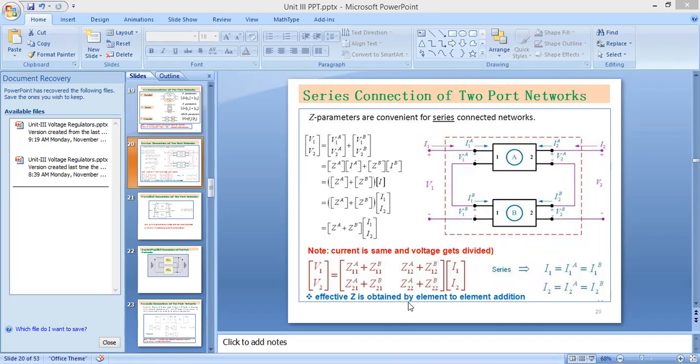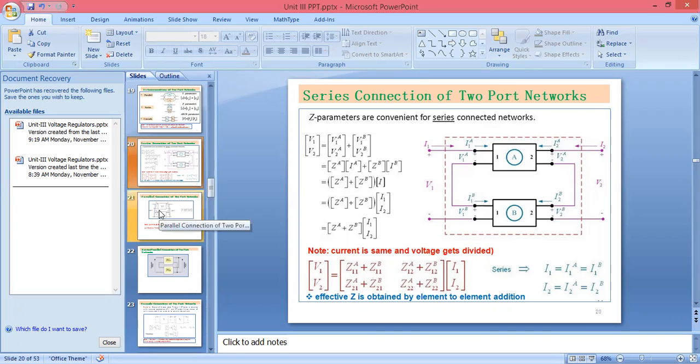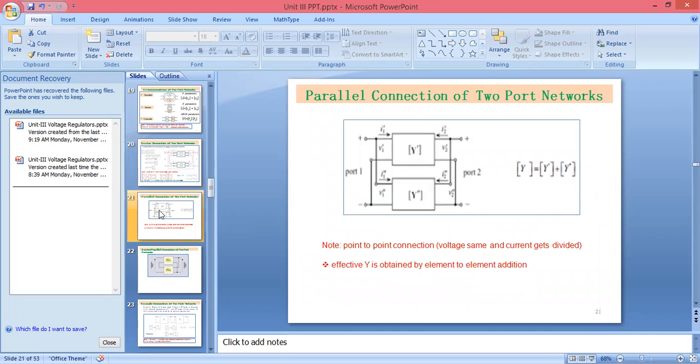Now we can see here for the parallel interconnection. So we know if we are making the parallel connection at that time we are supposed to use Y parameter because we know Y parameters are convenient to make the parallel interconnection.